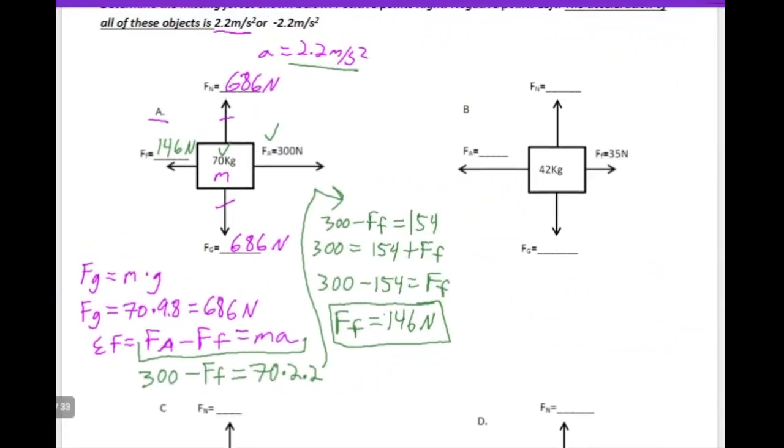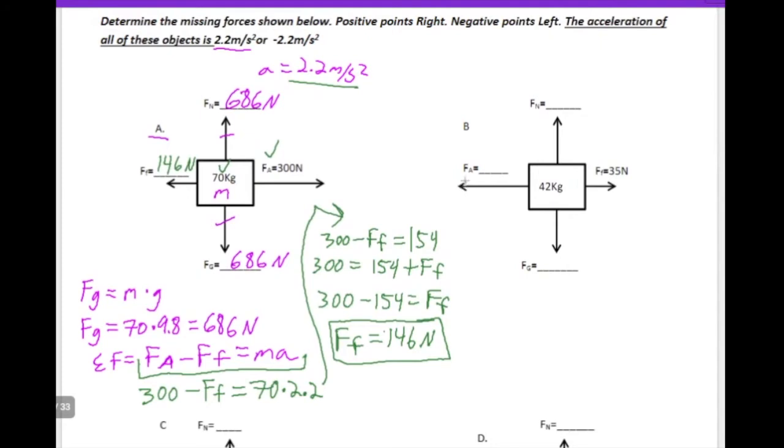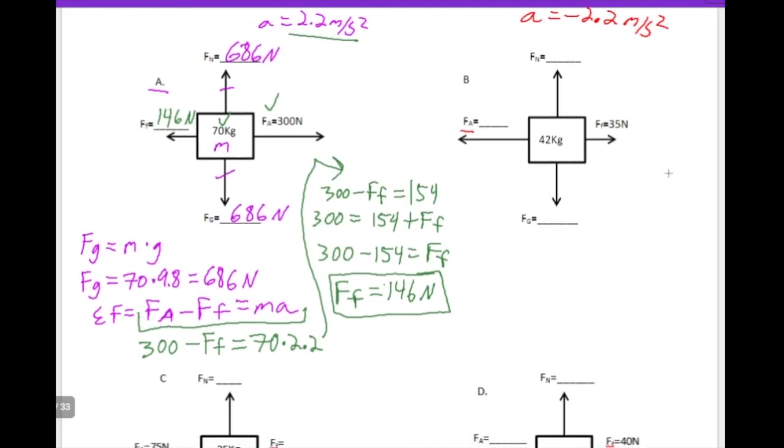Taking a look at letter B, we can see that this force applied arrow is bigger than the force friction, and since that's to the left, that means that the acceleration for this problem should be negative 2.2 meters per second squared. So let's start off the same way we did before, and that's solving for force gravity. We know that force gravity is equal to mass times gravity, and we know that the mass of this object is 42, and the gravity is 9.8 because we are on Earth.